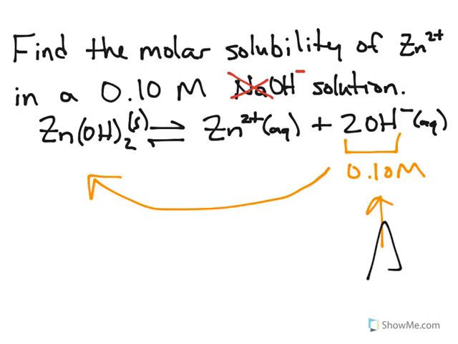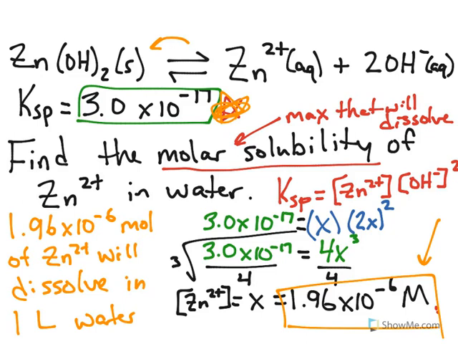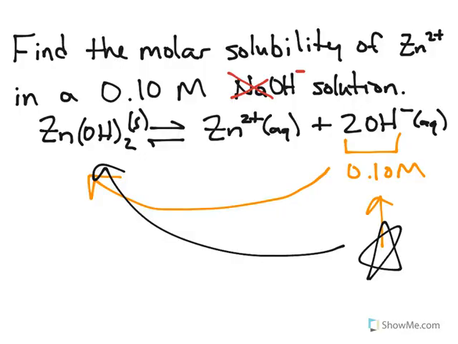The presence of this OH already here is favoring the formation of the solid, meaning less of this will dissolve, meaning we would expect to see a molar solubility that is less than if this was just pure water. So just as a reminder, when this was pure water, our molar solubility was 1.96 times 10 to the negative 6th. Now I would expect this molar solubility to be quite a bit less.